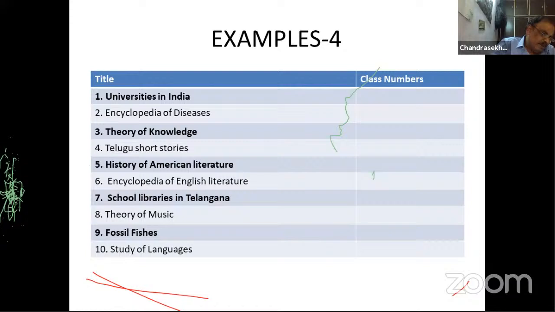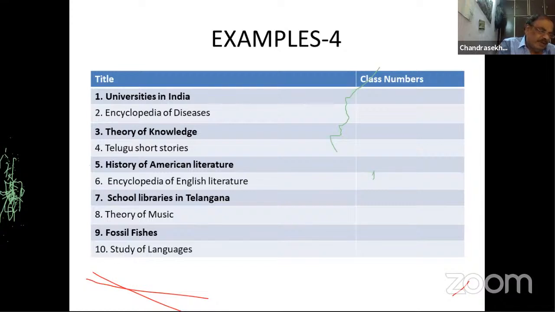Here there is an instruction for adding the standard subdivision: under 027.8, 0.809, you have to use 9 instead of 3 to 9, Telangana number 5484.